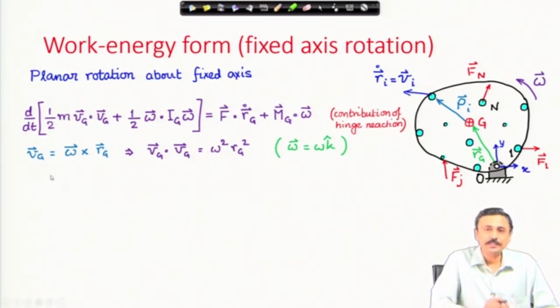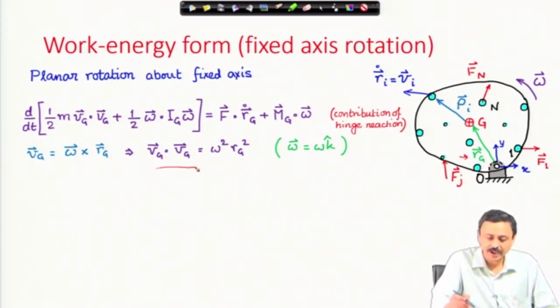Now, velocity of center of mass can be written as omega cross r_g, and you note what is r_g here. This is the r_g vector from O to the center of mass. Velocity of center of mass is omega cross r_g, and therefore, velocity of the center of mass squared is omega squared r_g squared, and omega has this form.